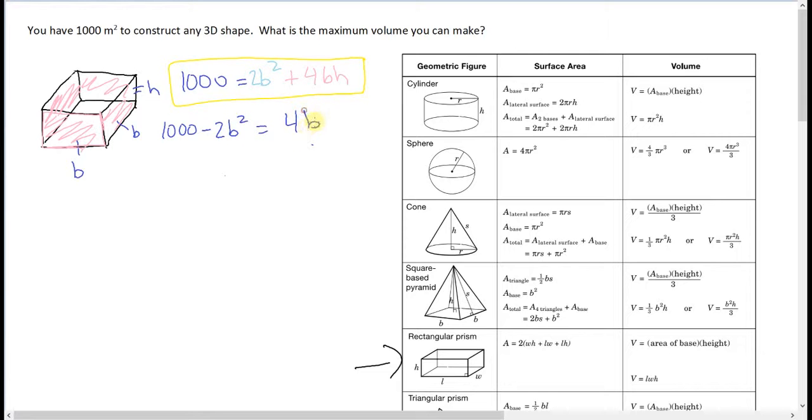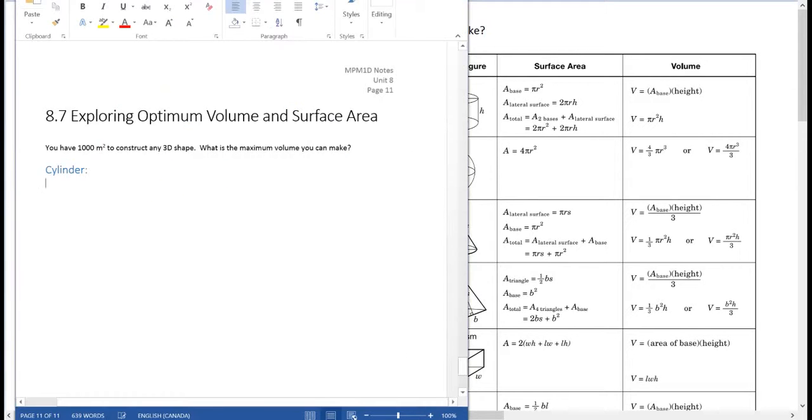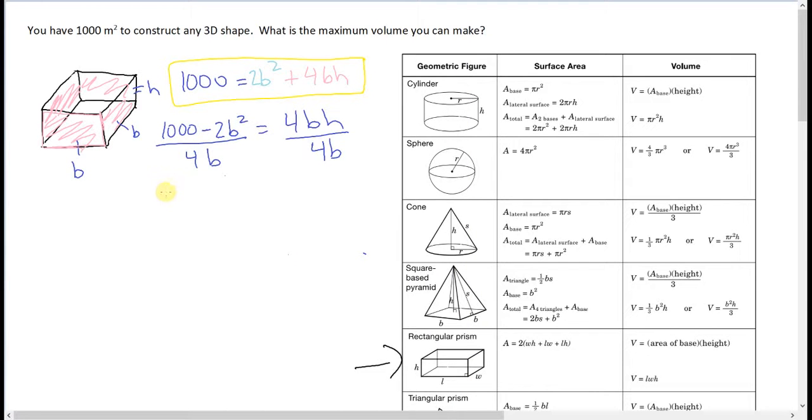And we have 4bh. Okay, we want to get h by itself, so we can divide by 4b. And we'll have 1,000 minus 2b squared over 4b is equal to h.